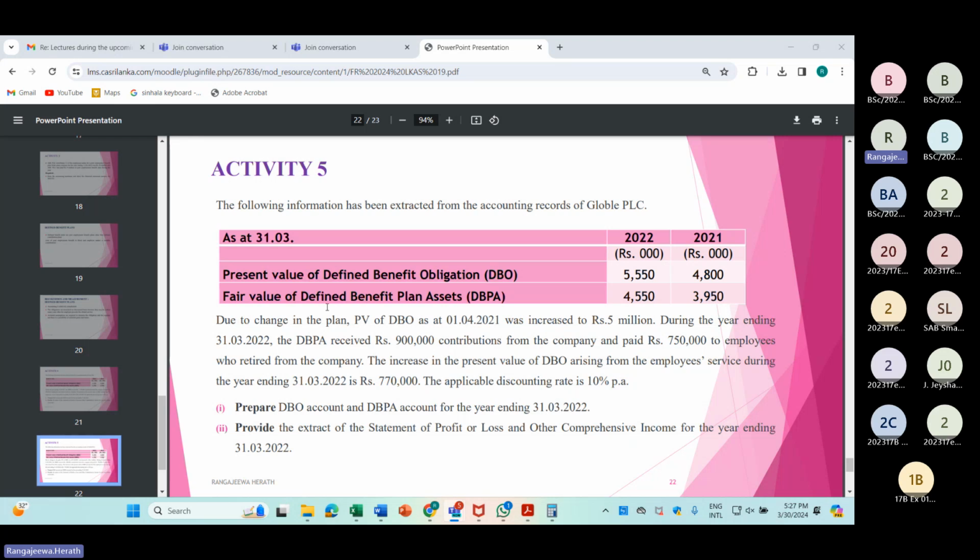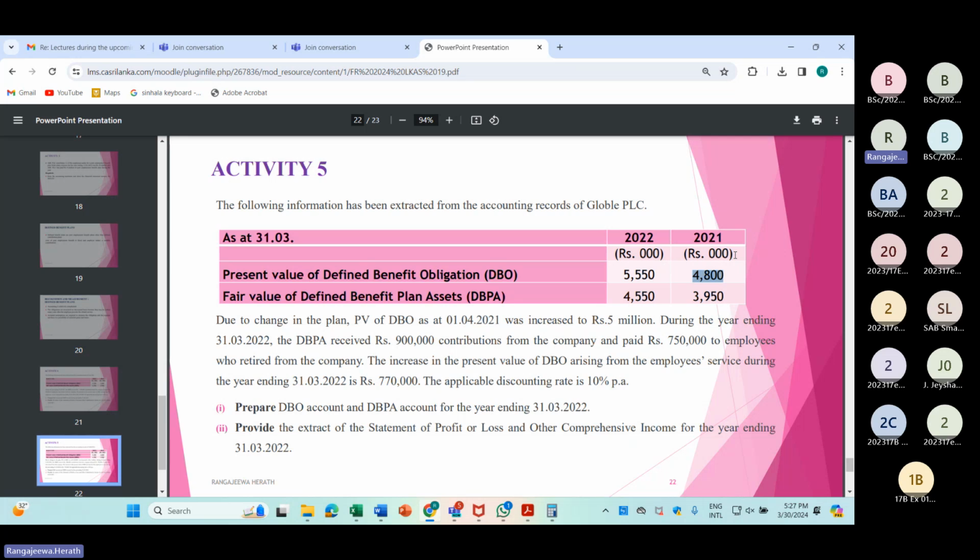Due to change in plan, present value of defined benefit obligation as at 1st April 2021, beginning of the current year, increased to 5 million. Now opening obligation 4.8 million. Plan revise.